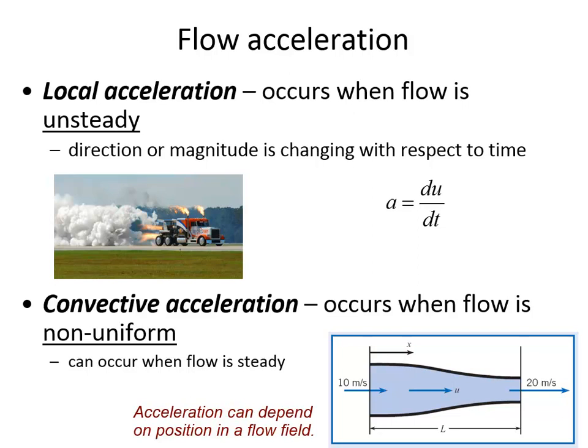So if you consider this nozzle, where water enters at 10 meters per second and exits at 20 meters per second, that can happen on a constant basis, so that conditions aren't changing over time. That change in velocity is due to convective acceleration. So it's the flow field itself that's accelerating the flow.